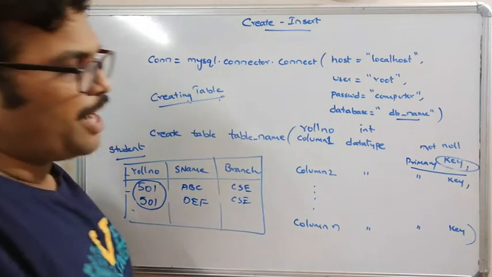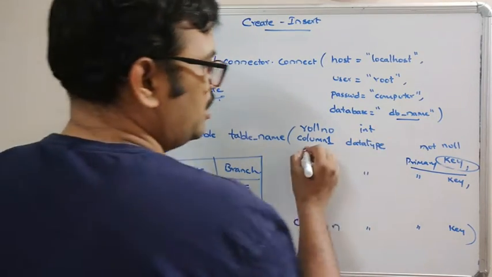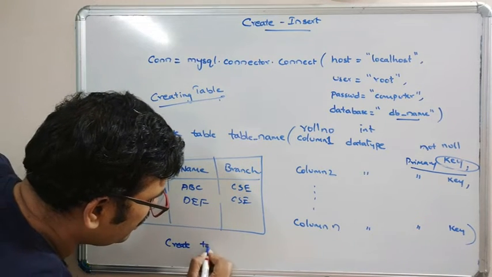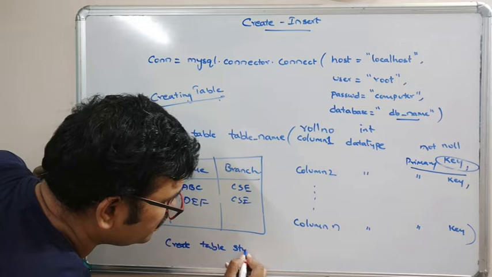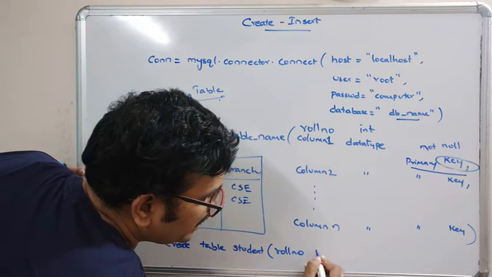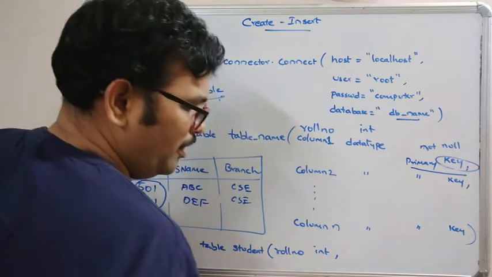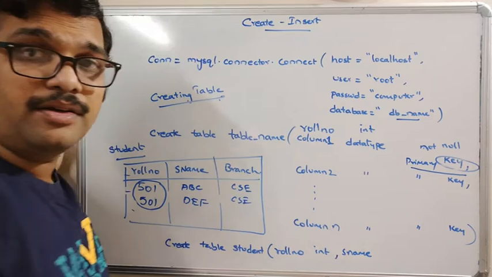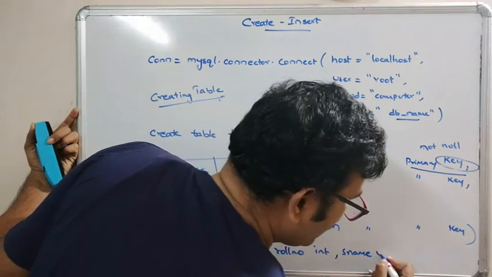If you are not giving the primary key, simply you can go with the column name. See, I will write here: create table students, and go with roll number int, comma. Similarly name. Name is a string, a character, so we can give it as a varchar.